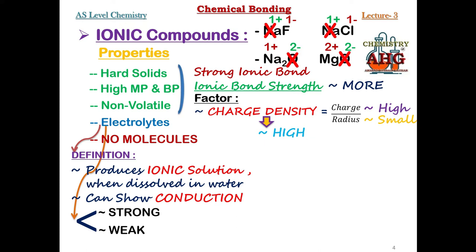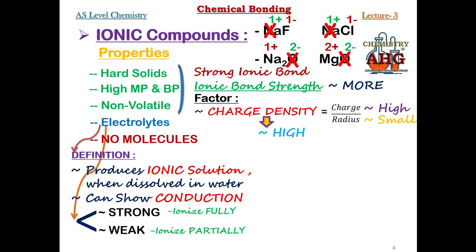Any electrolyte that ionizes fully, or that dissolves completely, is known as a strong electrolyte. And any electrolyte that ionizes partially, that ionizes sparingly, or that dissolves partially, is known as a weak electrolyte.